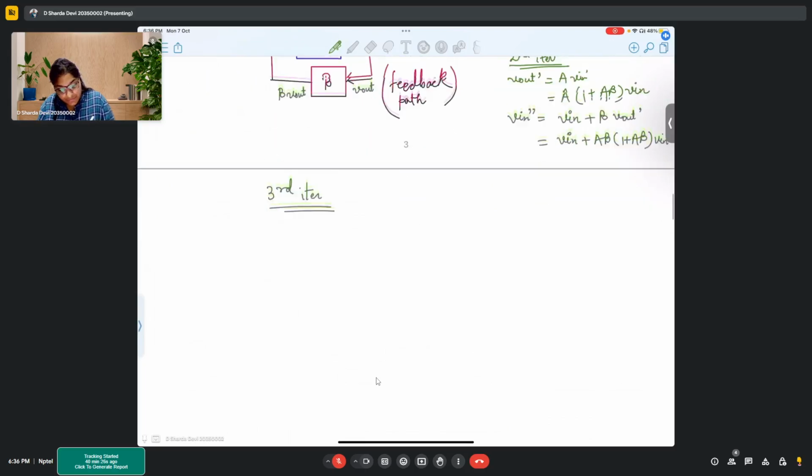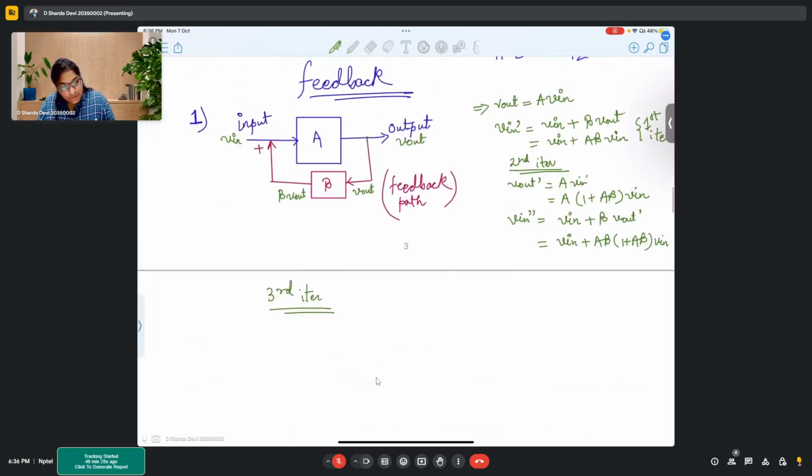in this third iteration, what will happen is your new V in is V in double dash, and your new output, that is V out double dash, will be A into V in double dash, right? Now, this is A into 1 plus A beta into 1 plus A beta V in.